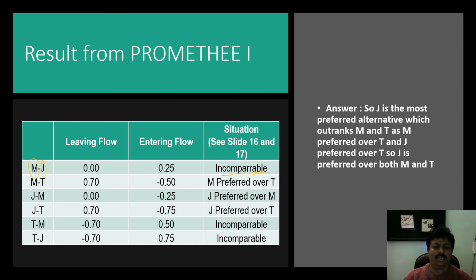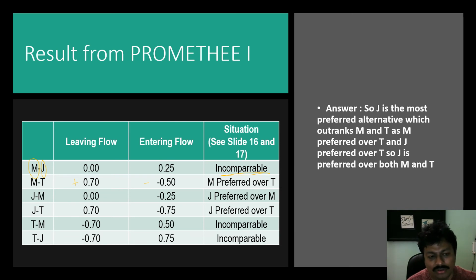Now the condition for selection is when you can select the best alternative out of two. The condition that we must satisfy is that the leaving flow will be positive and the entering flow will be negative when the leaving flow of one alternative is deducted from the leaving flow of the other alternative.